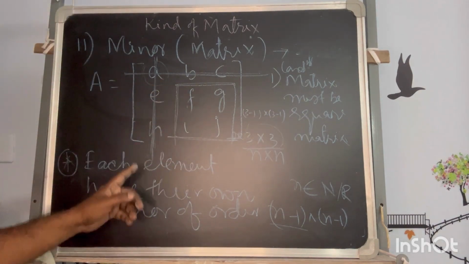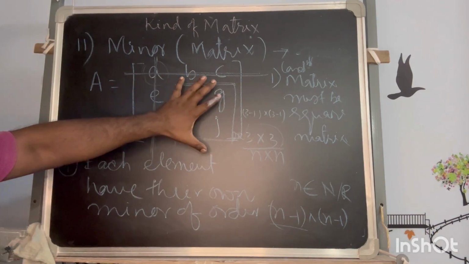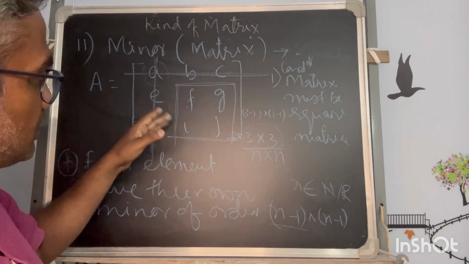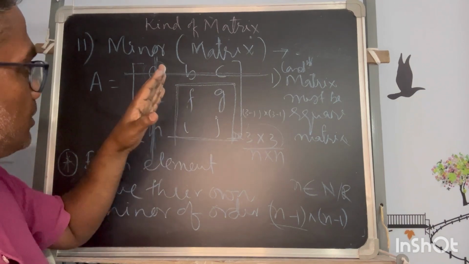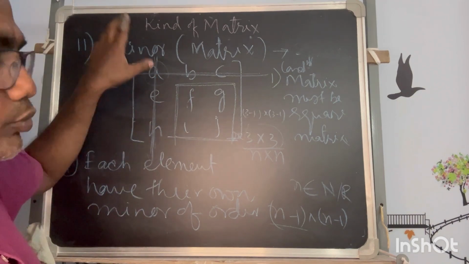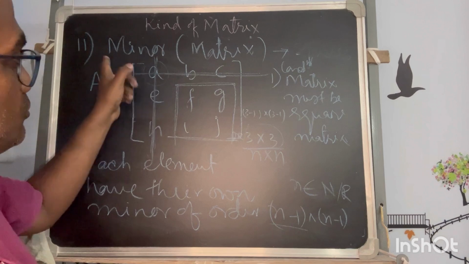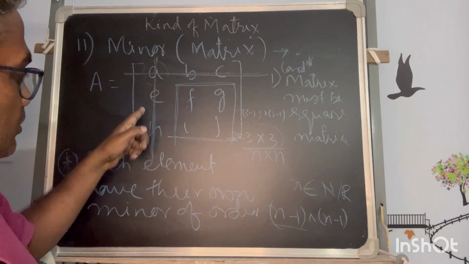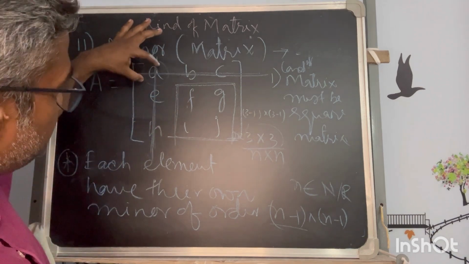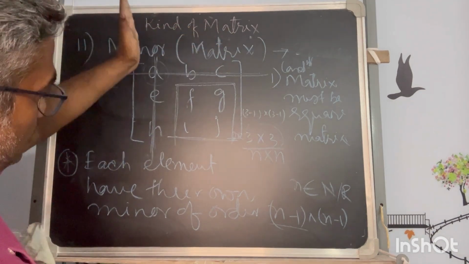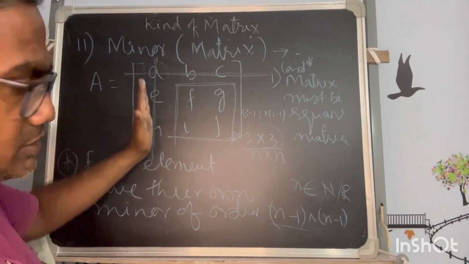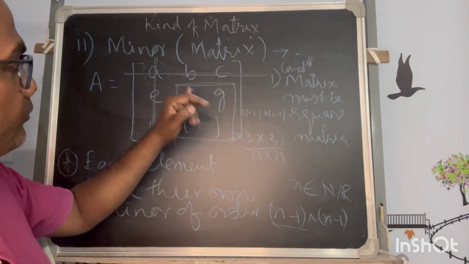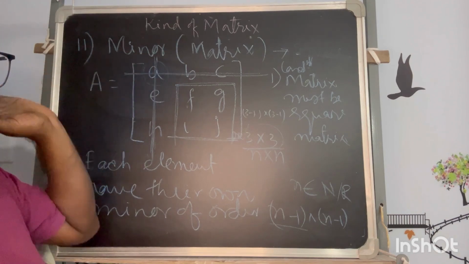This minor is specific to this element, because none of the elements not coming under this matrix is passed through both the lines. B is cut by one horizontal line and this one vertical line. So only this element is cut by two lines, one horizontal, one vertical, and the remaining part, which is not cut by the lines, is the minor for the element which is cut by both the lines.